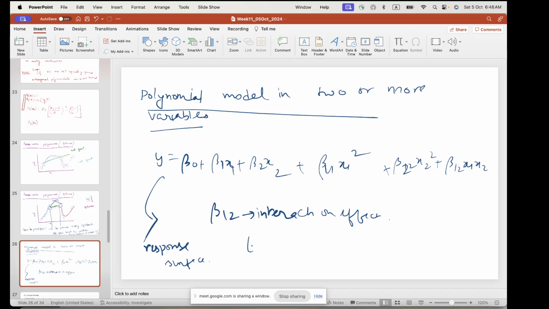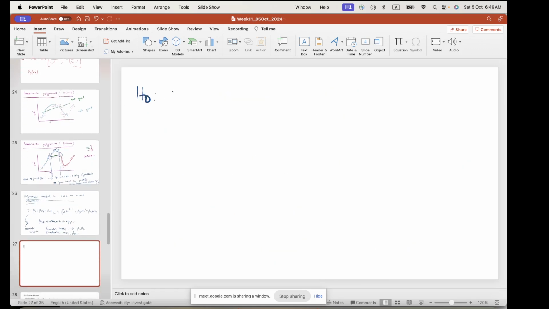Linear terms are beta 1 and beta 2. Quadratic terms are beta 11 and beta 22. Now if we have to test H naught for contribution from linear terms, then we test H naught: beta 1 equal to beta 2 equal to 0.